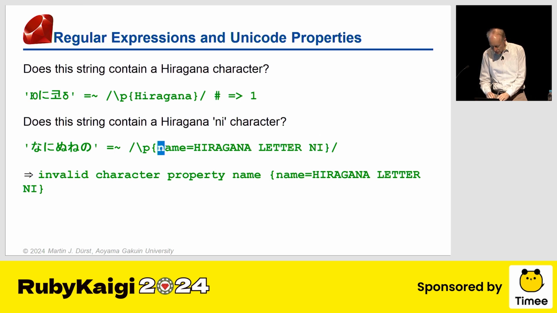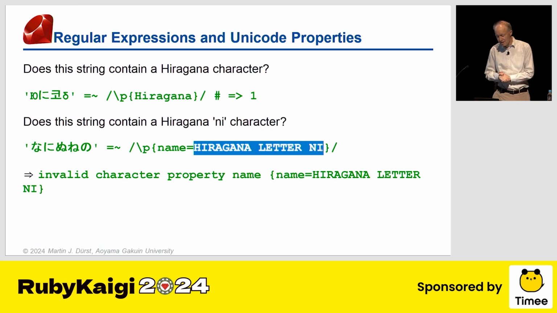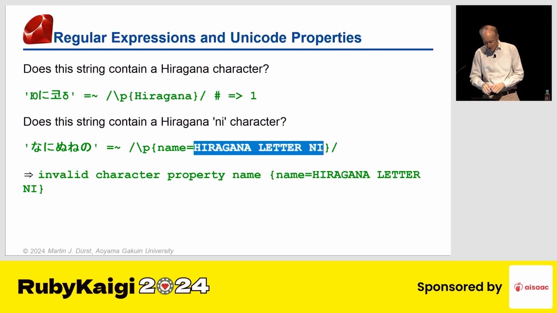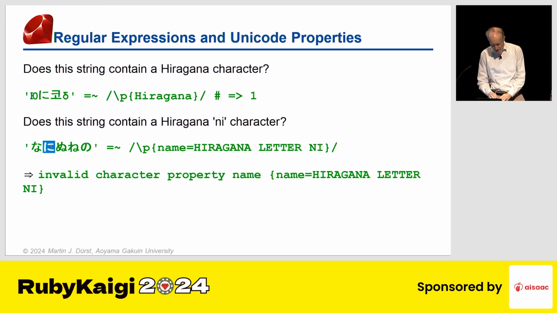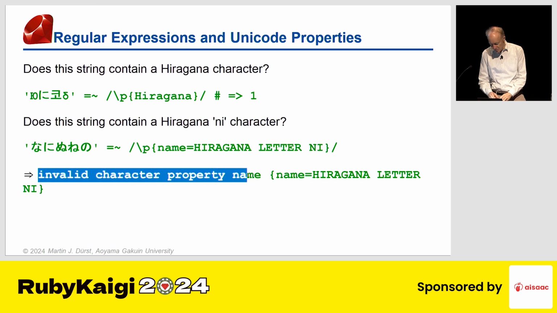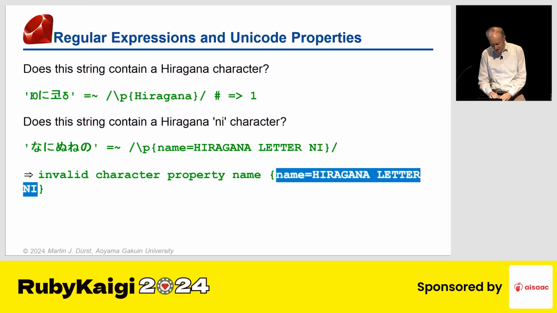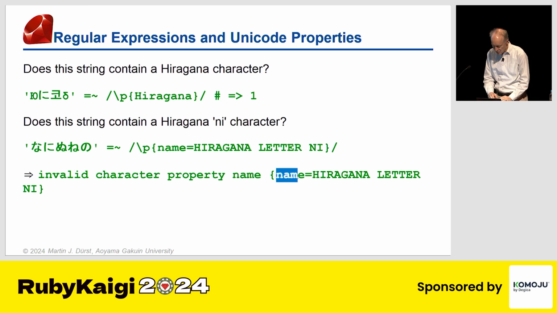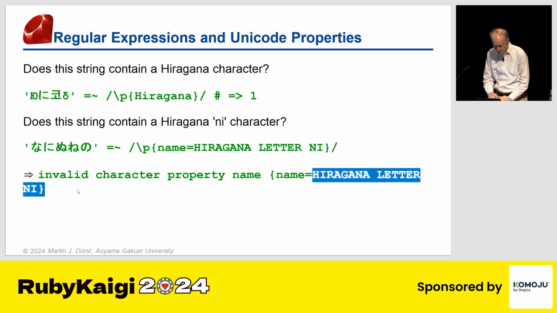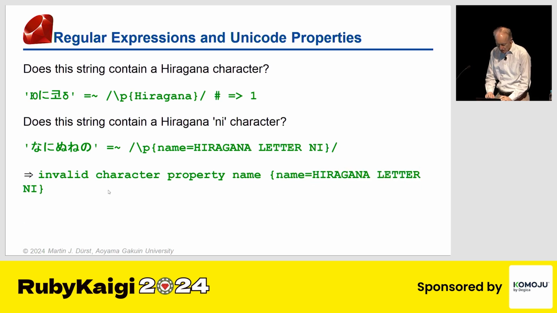So we would like to say we want to match a character with the name hiragana letter ni, and then it should match this hiragana letter ni here, but what we get currently is invalid character property name, and actually it thinks that this is the property name. Its only name would be the property name, and this would be the property value.